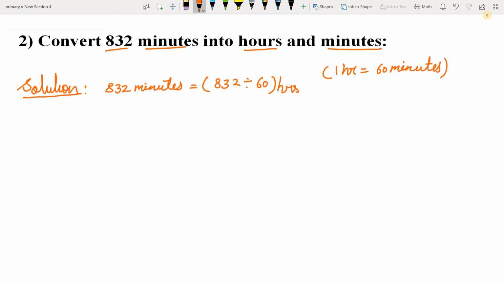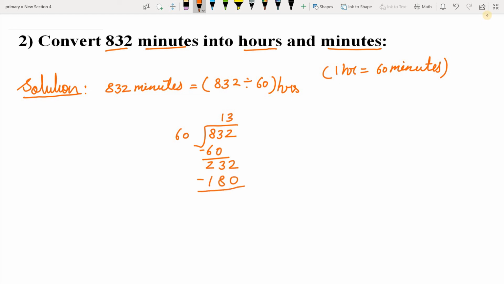So here we'll write hours. So let us divide 832 by 60. So 60 goes into 83 one time. So we get 60 and 83 minus 60 we get 23. Now we bring down next digit which is 2 and 60 goes into 232. How many times? It's 3 times and we get 180.